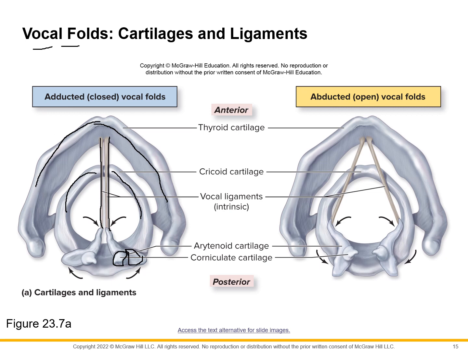Now here, it is adducted. So adduction is to bring something closer to the median, right? So the two vocal cords are adducted or closed right here. If you look at the next diagram here, the vocal cords have moved away from the median, and so they are abducted.